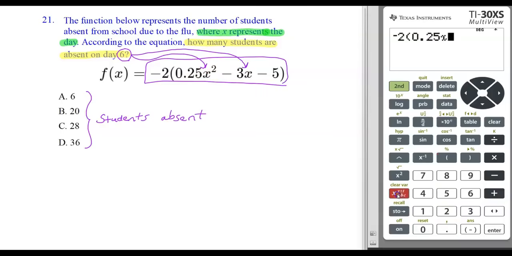Just hit this button. Square it. -3. This is your subtraction button. 3 X. Just hit this. -5. Close off your parenthesis. Hit enter. And you get 28, which matches up with C.